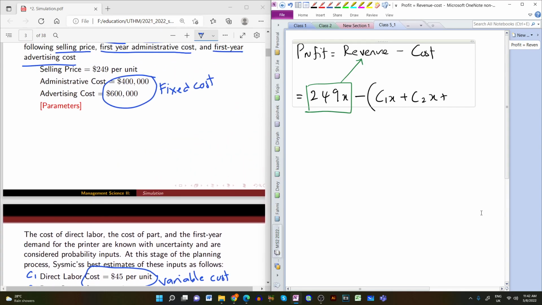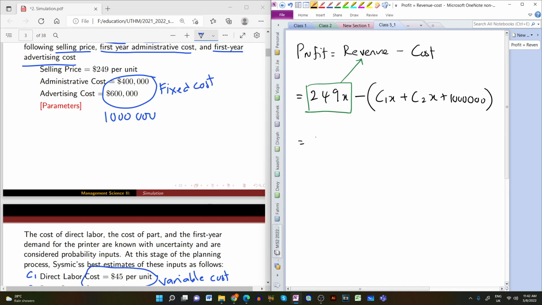The fixed cost is 400,000 plus 600,000, which gives 1 million. All these are costs you need to subtract from the revenue, and then that is your profit.